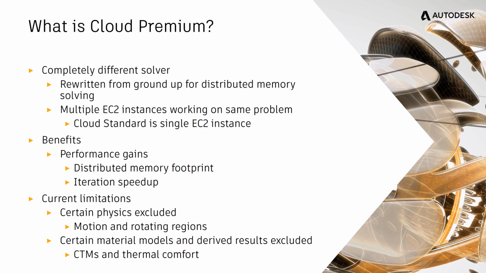Now, you don't have to memorize these things as a user of the software. If you pick something that Cloud Premium cannot solve, the interface will tell you. So it's not like you go to solve and it comes back with bogus answers. It'll just tell you, hey, by the way, that's not currently supported. And the next time we support it, we'll update the interface, and we're going to be adding to Cloud Premium's capabilities as we move forward.